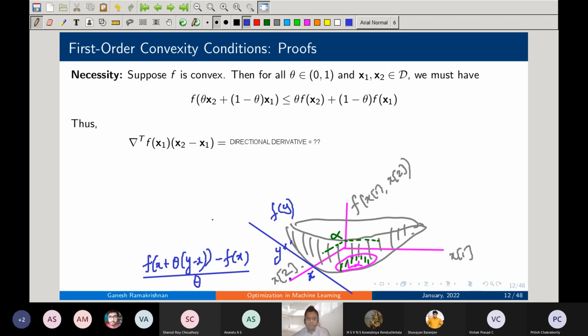This is what this line is representing in the direction of y minus x. This hyperplane, the value. Okay, so this is a magnitude.